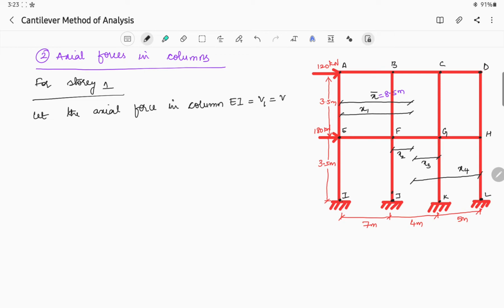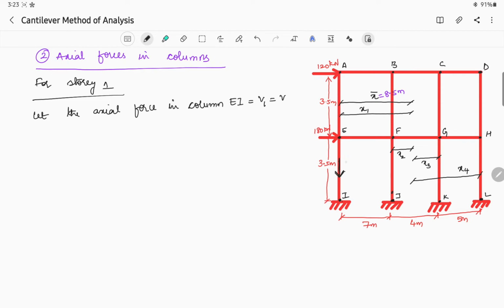Let us assume that this is the force in EI, because we have to start from the ground floor, the first story. That is why I am considering a force in downward direction. In any direction you can consider, but I am considering downward.